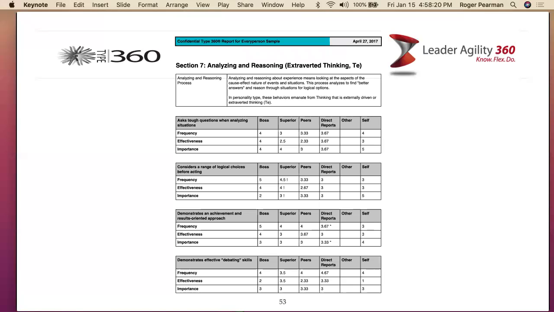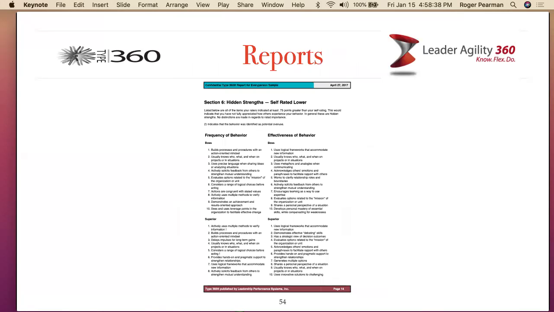And of course, we're looking for patterns. Is a behavior particularly important but not expressed particularly well? Is it very important, expressed a lot, but not particularly effective? All of those kinds of things will help us zero in on the kinds of behaviors that will be most critical for a person to be successful in his or her work and life.